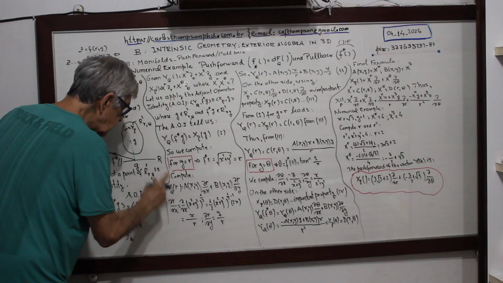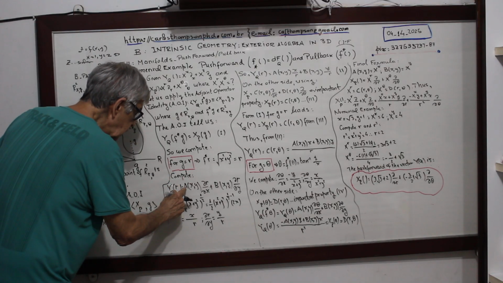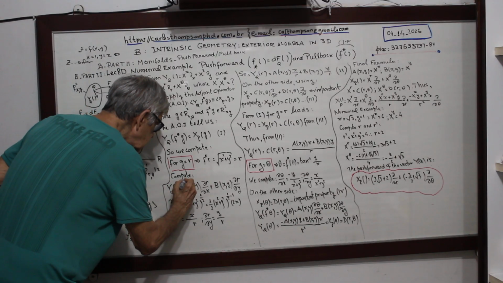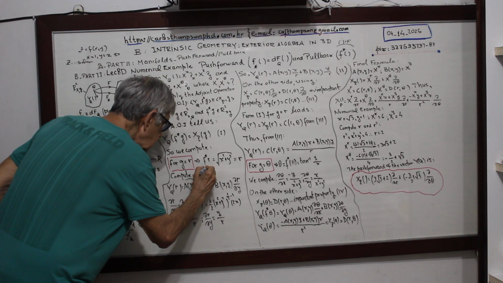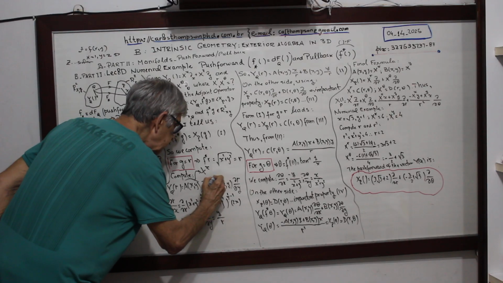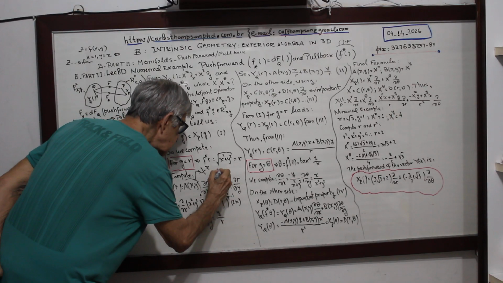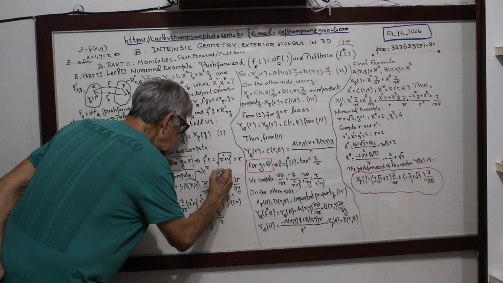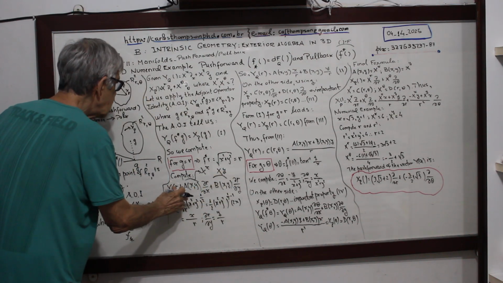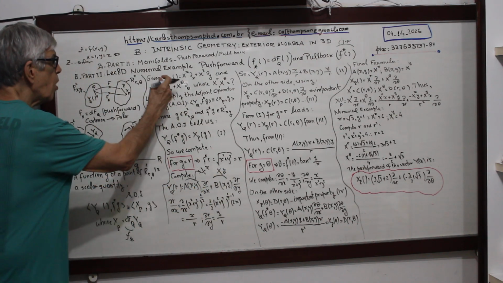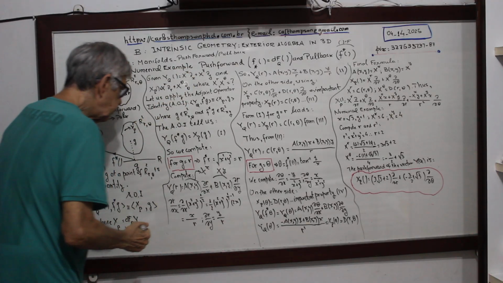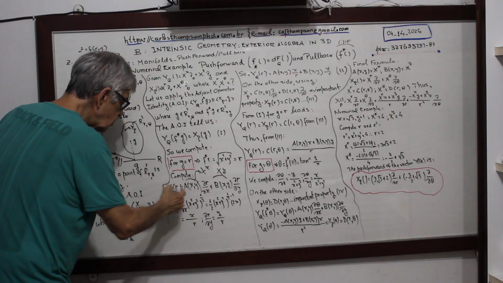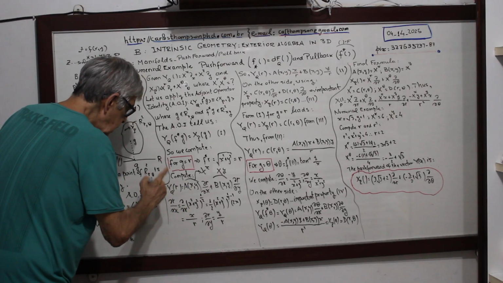Now compute. a_x over here is just a_x, and b_x is just, in this case, x_y, exactly as I wrote before. Now I can write, okay?